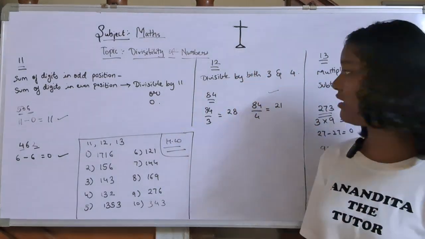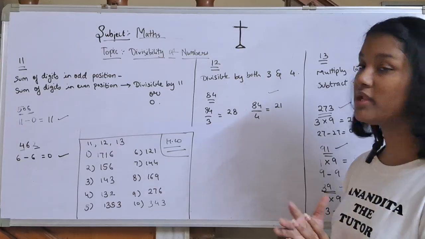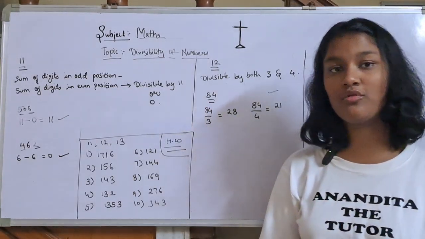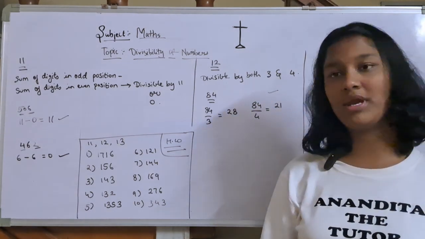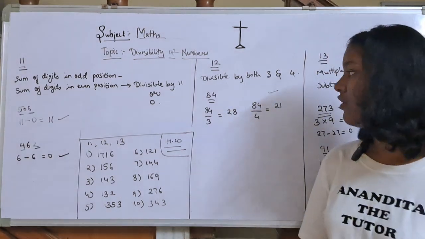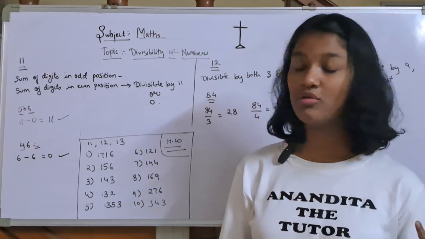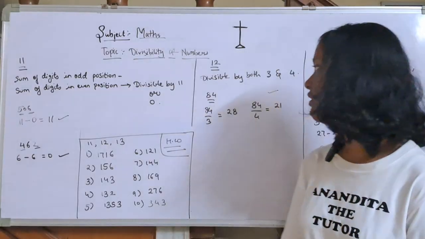Then the next number is 12. What is the rule for any number which is divisible by 12? That same number should be divisible by 3 and 4 at the same time. Why? Because 12 is the product of 3 and 4, right?